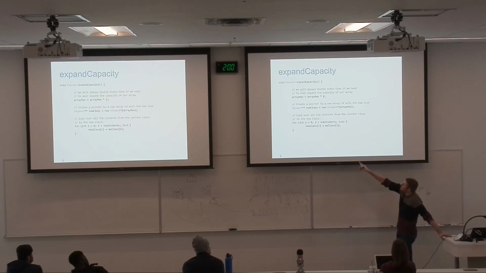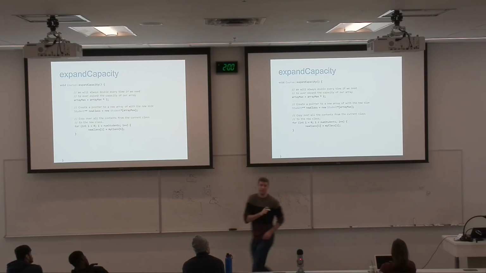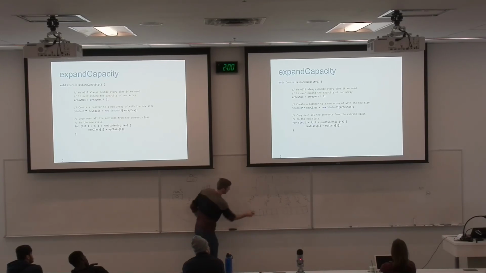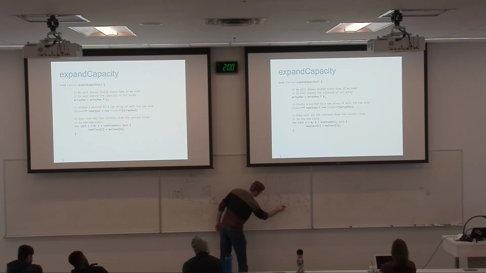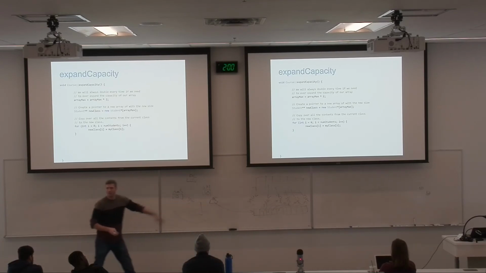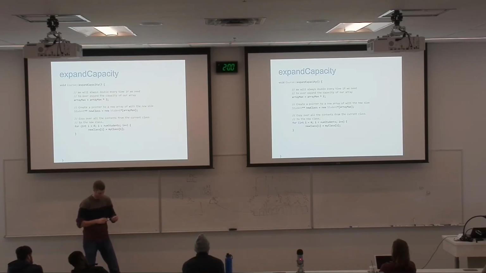And copy it into the same index of the new one. Basically, this is what it means. Do this. Do this. Do this. Do this. I know it's getting all smushed, but bear with me. That's what it did. That's it.